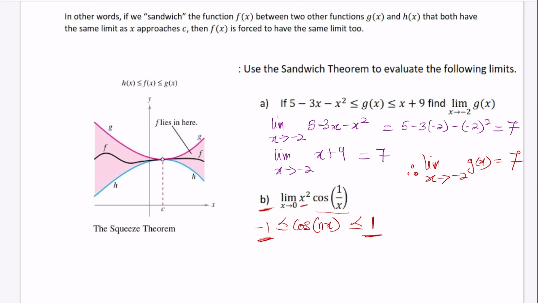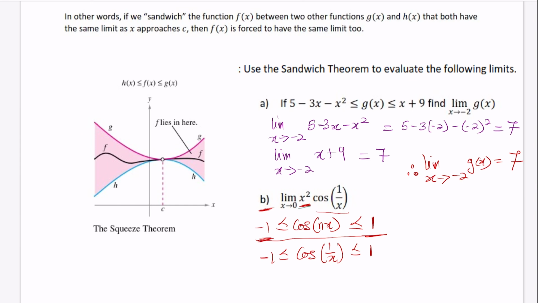And because we have x squared here, what we can do is multiply this function by x squared. So in other words, I can write this as negative 1 is less than or equal to cosine 1 over x, which is less than or equal to 1. And I'm being intentional.